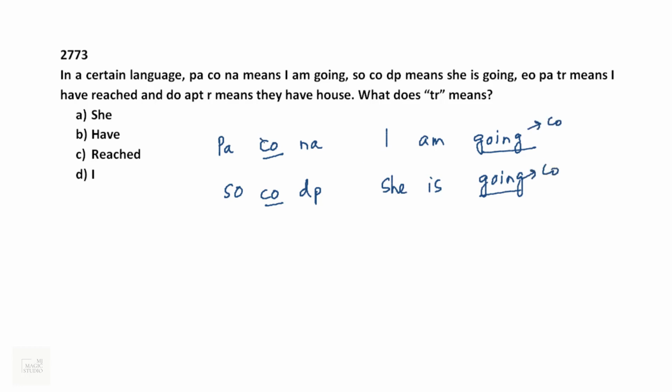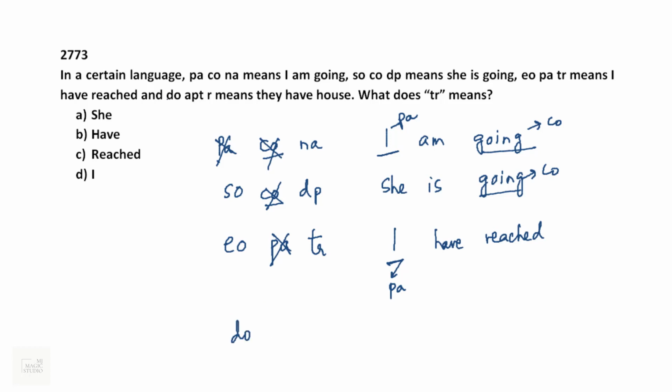That means going is ko. EO pa tr means I have reached. Now in first and third we can see I is common and pa is common. So pa goes with I. I means pa.